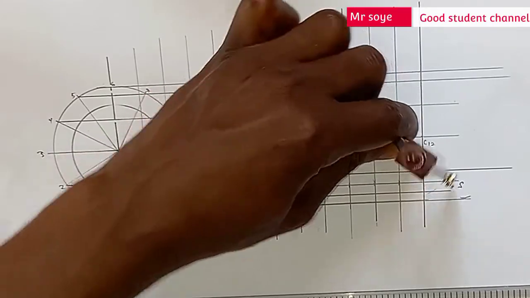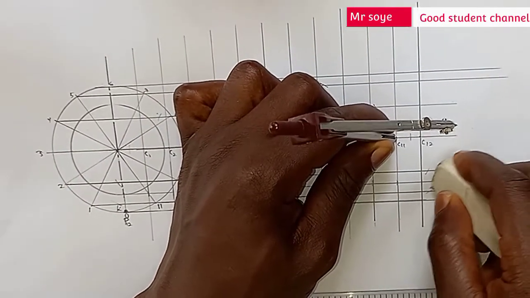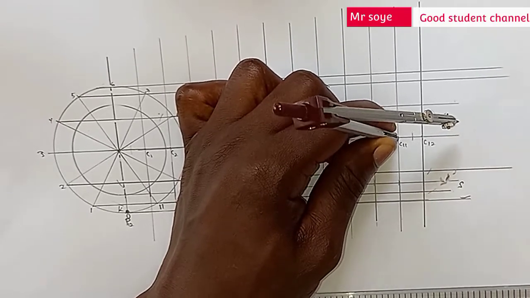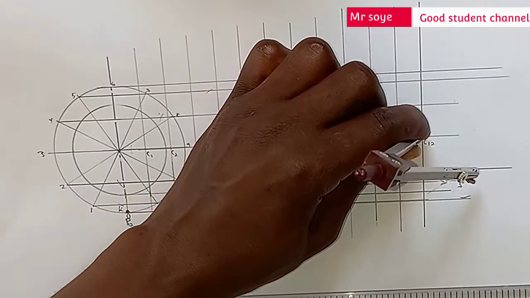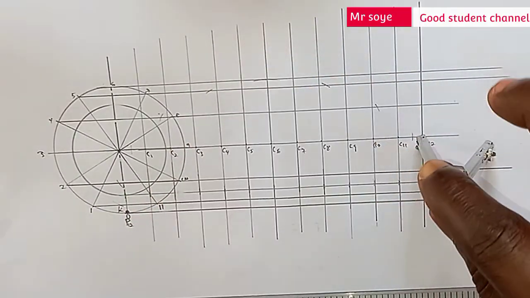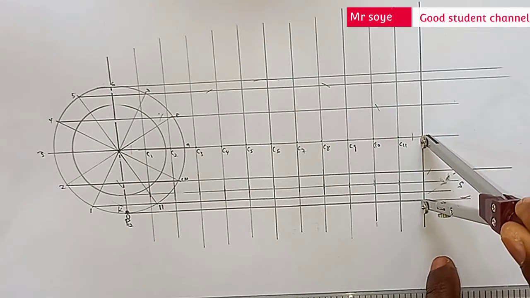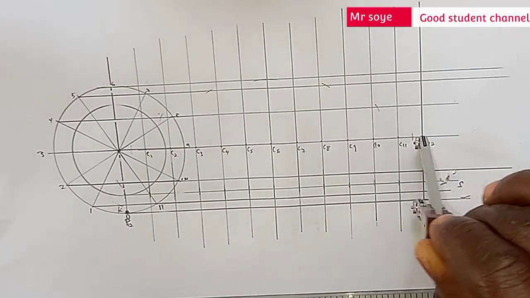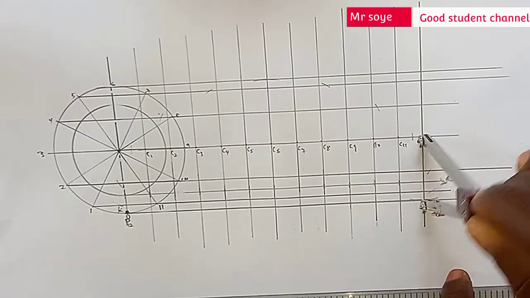Please always note that this one here is the baseline. Okay, 12 now is coming to this point. Can you see? It's coming to 0.